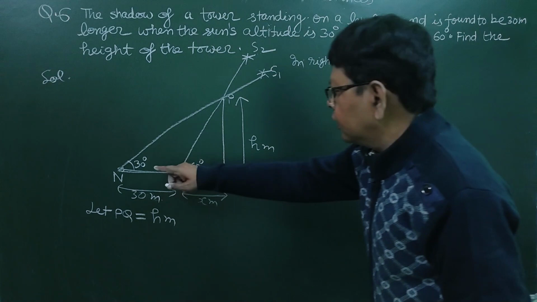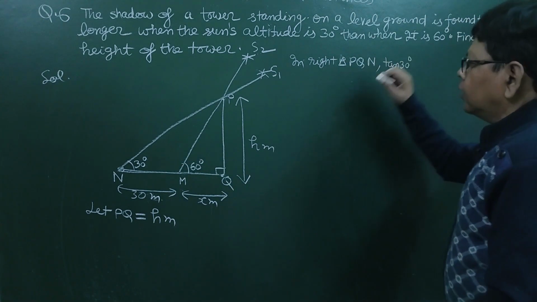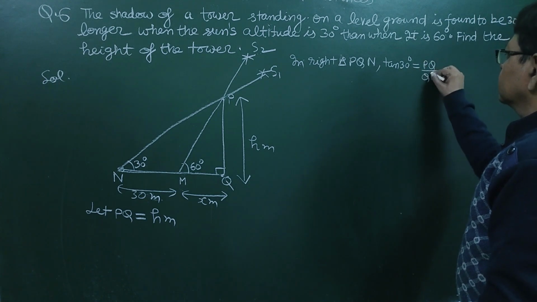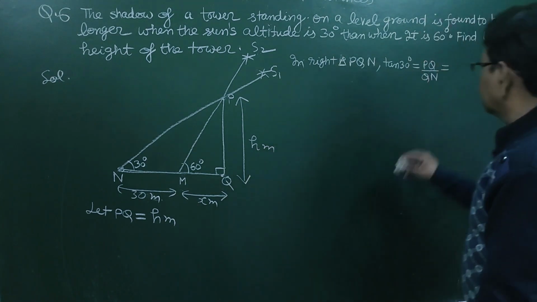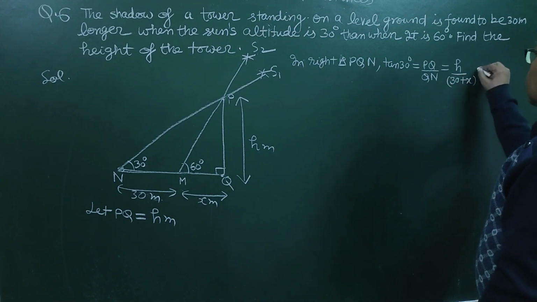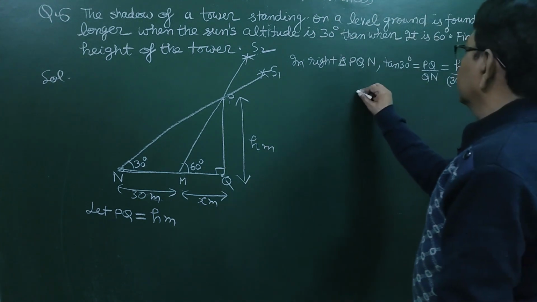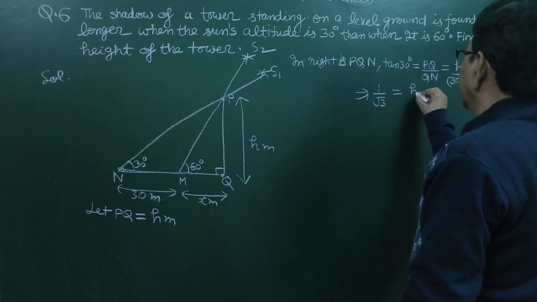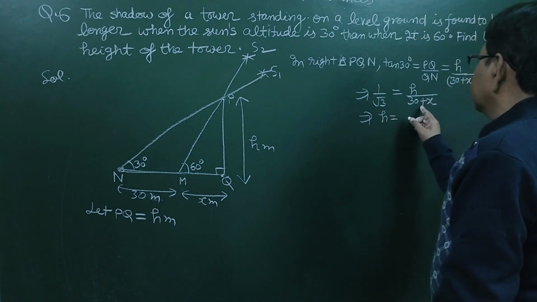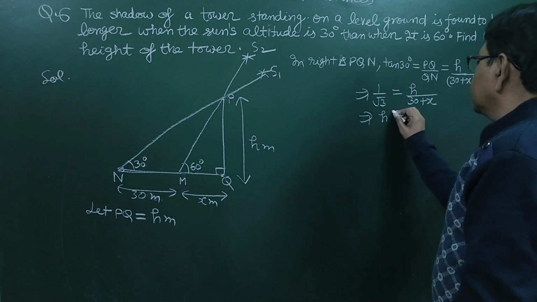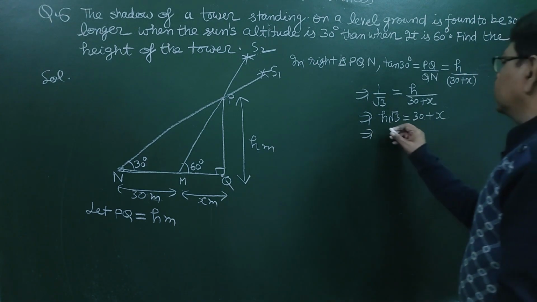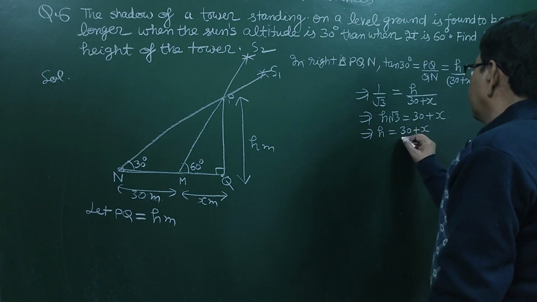So tan 30 degree is equal to the perpendicular upon base, PQ upon QN, is equal to h upon the whole base 30 plus x, or we can say 1 upon root 3 is equal to h upon 30 plus x, or cross multiply, h root 3 is equal to 30 plus x, or h is equal to 30 plus x upon root 3.